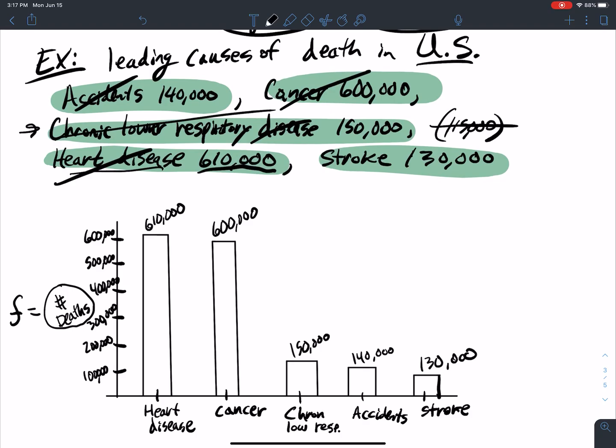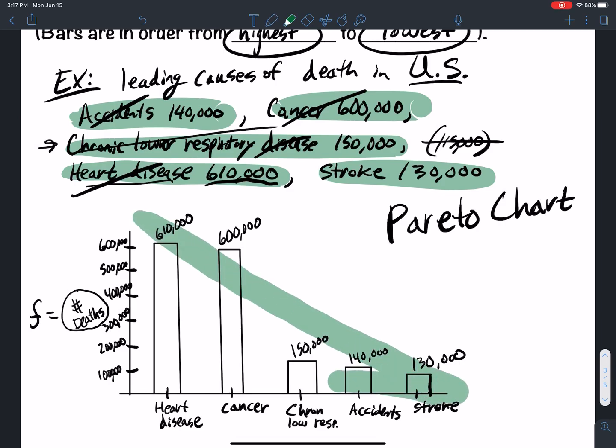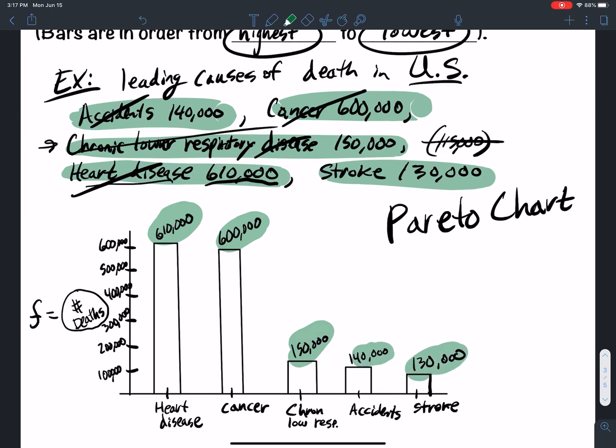The big thing that you need to remember with the Pareto chart is that these go in decreasing order. I literally start with the biggest and then go down, down, down, all the way to the least frequency. So please don't mess that up.